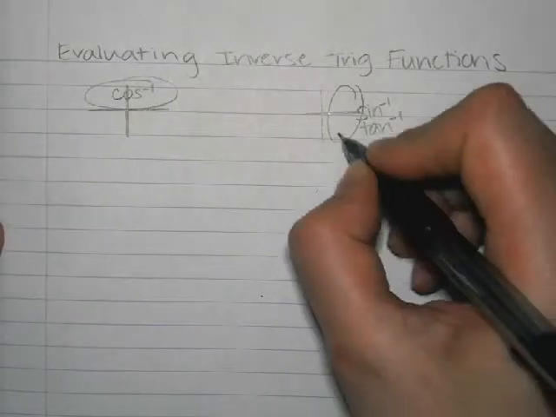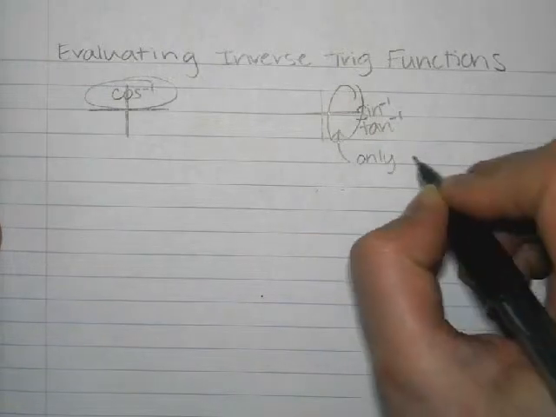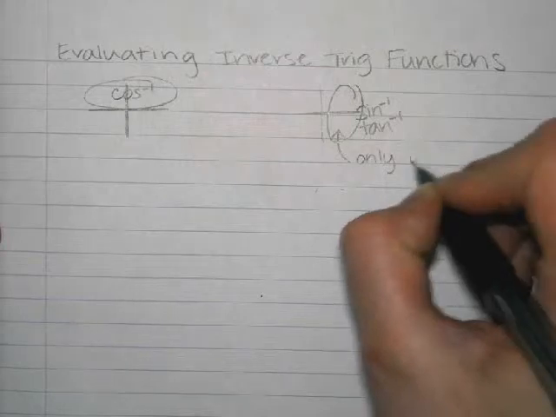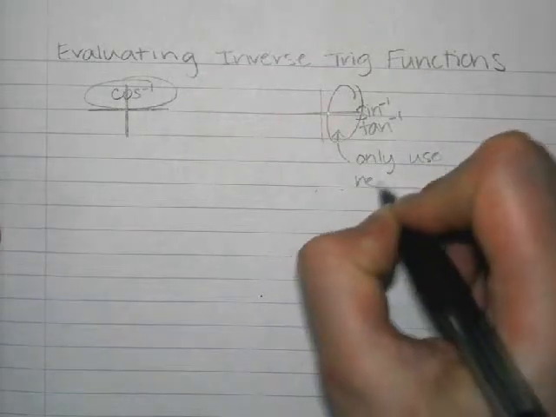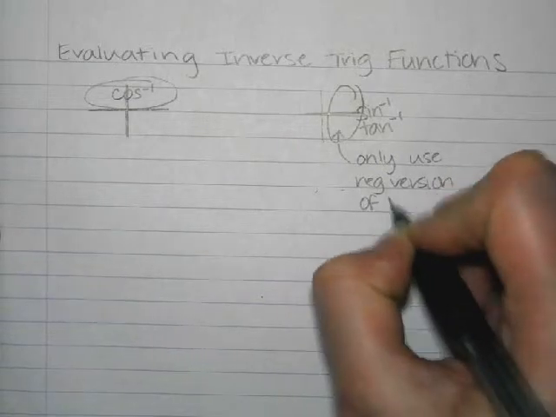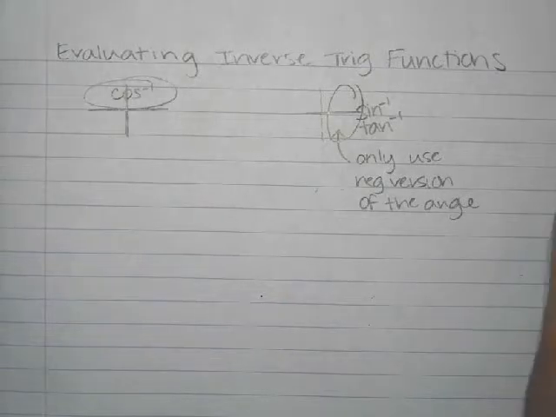And then we're going to write a little note to ourselves. For quadrant 4, we only get to use the negative version of the angle, okay? Only use the negative version of the angle. And the reason that we can only use these quadrants is because cos inverse has a domain of 0 to pi.